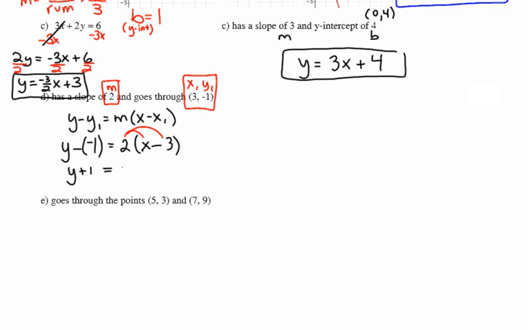Equals 2x minus 6, 2 times negative 3. And then the last step to get y by itself, subtract the 1. We have a plus 1, so we're going to subtract it from the other side. And there's my equation. y equals 2x minus 7.